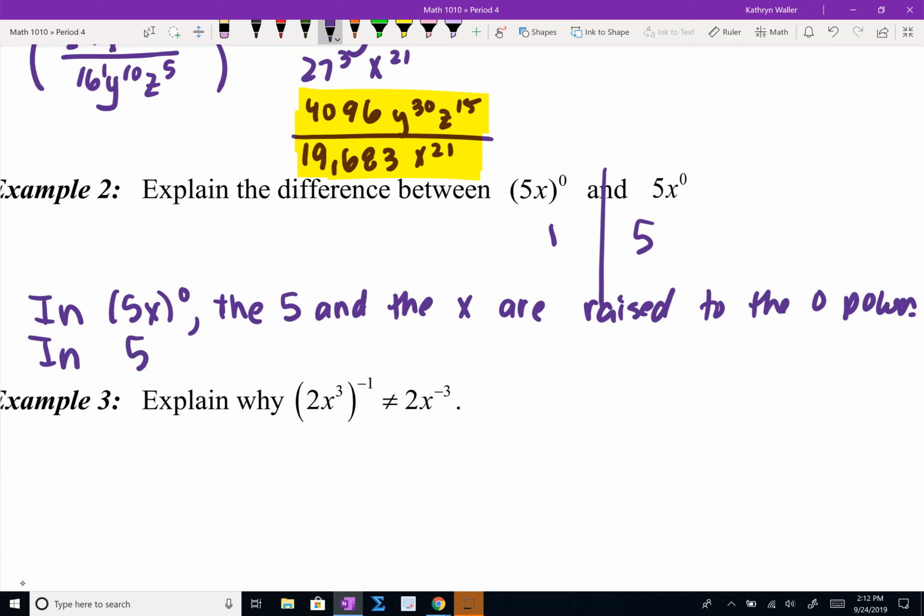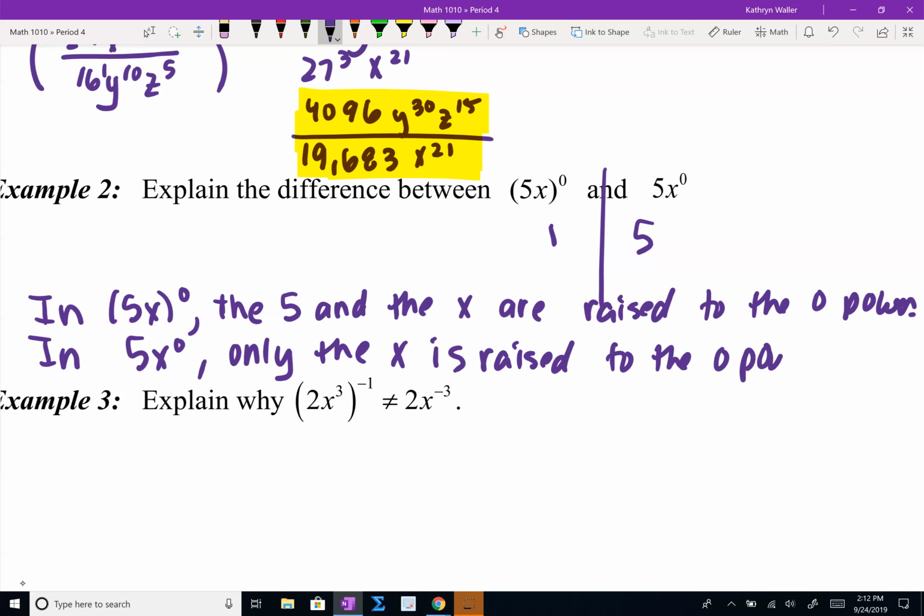In 5x to the 0, only, finish my sentence, only the x is raised to the 0 power. Good.